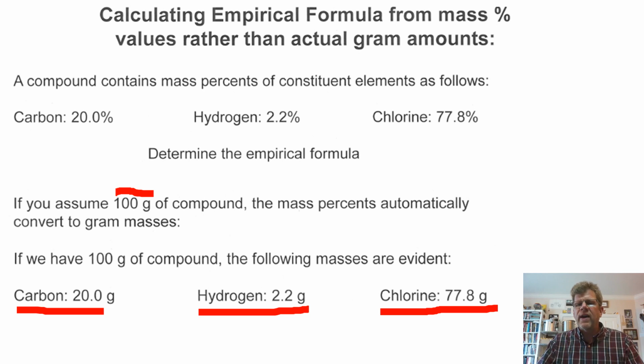So if you ever encounter an empirical formula problem using mass percents instead of gram masses, this is a little trick that you can do to immediately be able to convert to gram masses. And then we're able to move forward and set up this problem in the traditional manner that I like to, within a table.